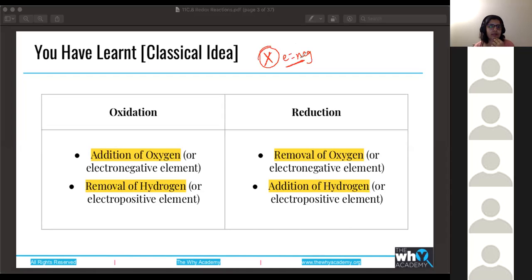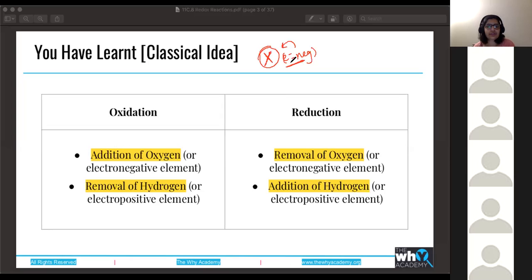Gaining electrons, because you're adding an electronegative element. What does an electronegative element do? What is the tendency of an electronegative element? It takes up electrons, right? So when you're adding an electronegative element to X, will X lose electrons or gain electrons? Lose electrons. Okay.